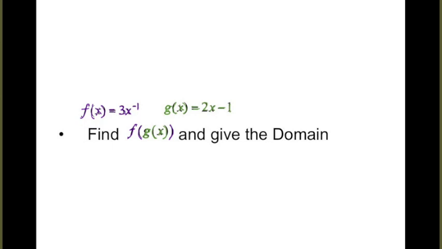So to do a composition of functions, what you are going to do is write out the entire outside function except wherever the x is, just put a big open set of parentheses. So I'm going to rewrite that f function, which is 3 something to the negative 1. So instead of writing the x, I'm just going to leave a big blank.